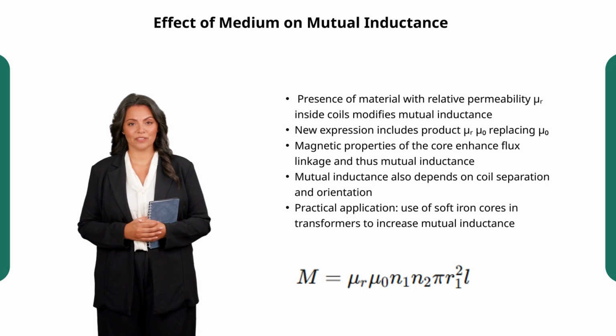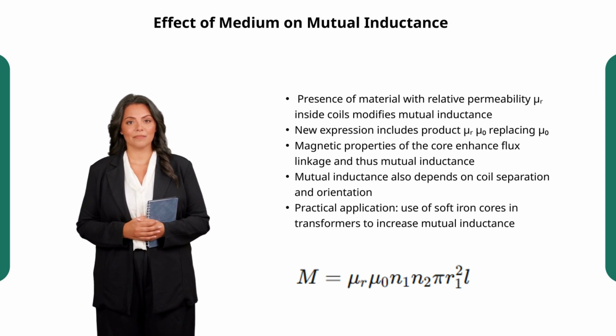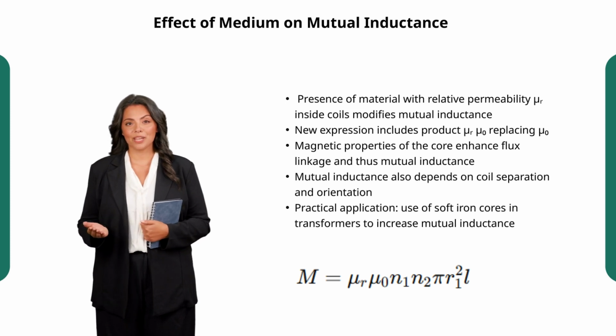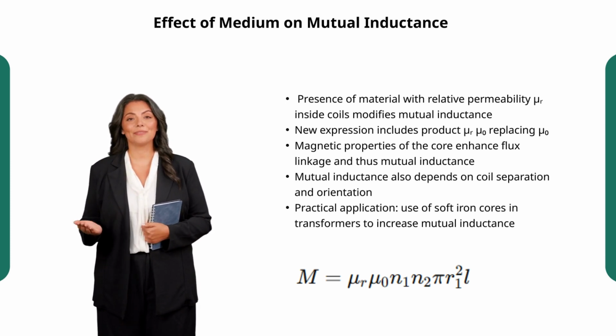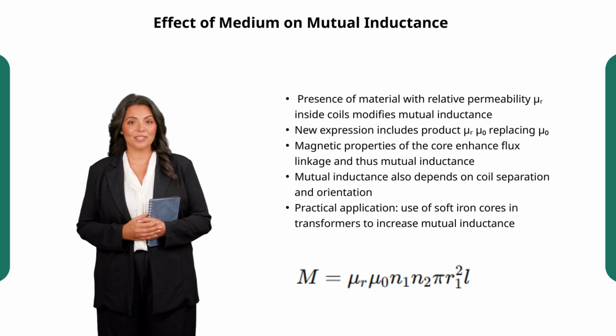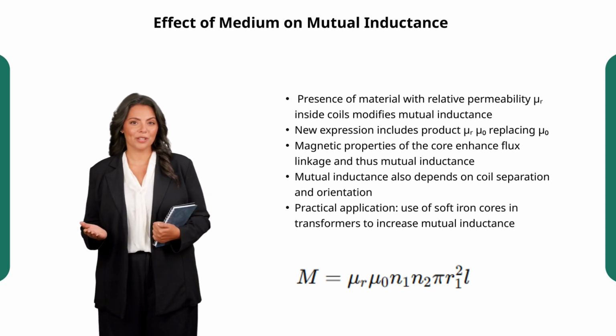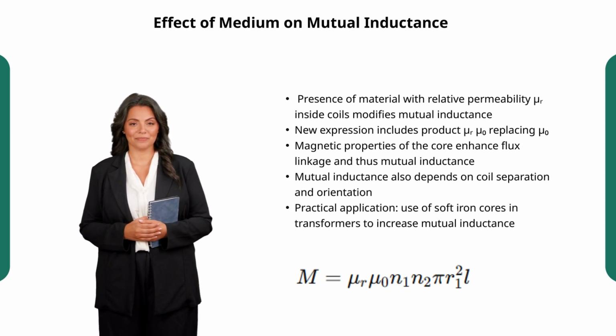Intimately linked coils arranged optimally maximize magnetic coupling, while coils far apart or poorly aligned have smaller mutual inductance. This interplay between materials and geometry makes inductance engineering a versatile tool in electromagnetic device design. Next, we'll explore self-inductance, the related phenomenon occurring within a single coil.